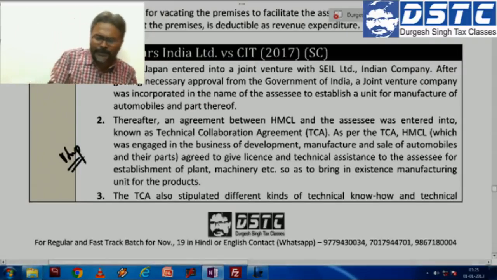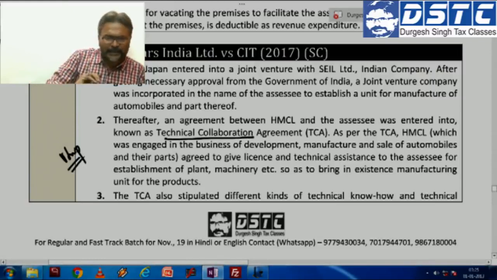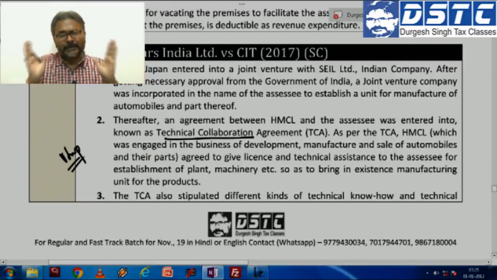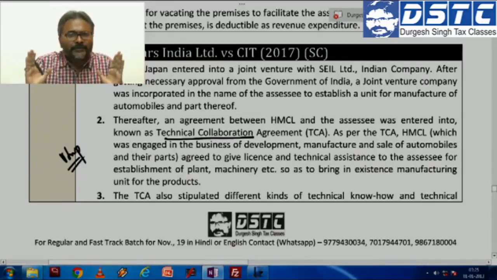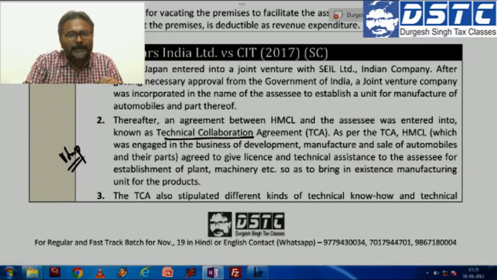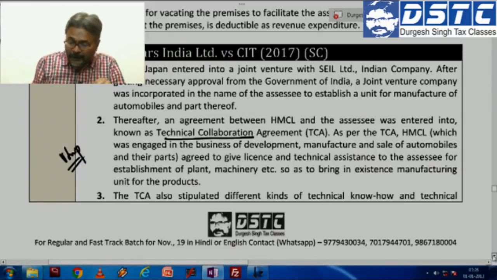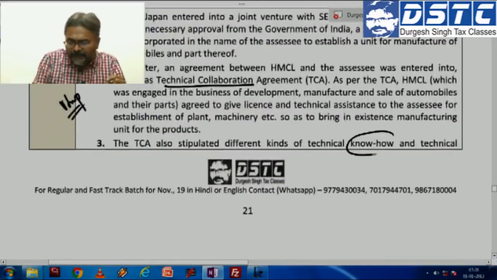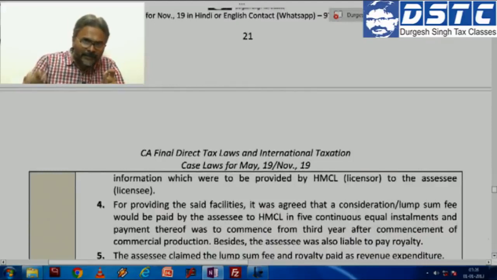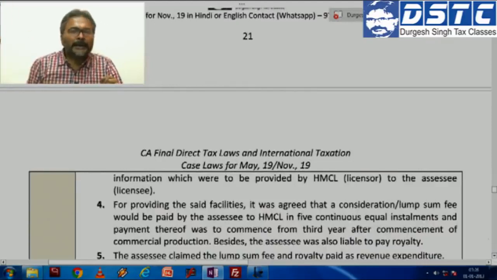The technical collaboration agreement, under which the foreign company will give you the technical support for setting up of the factory in India, setting up of the plant in India. Also, the technical know-how would be given for manufacturing and all. So for this, the royalty amount is to be paid.